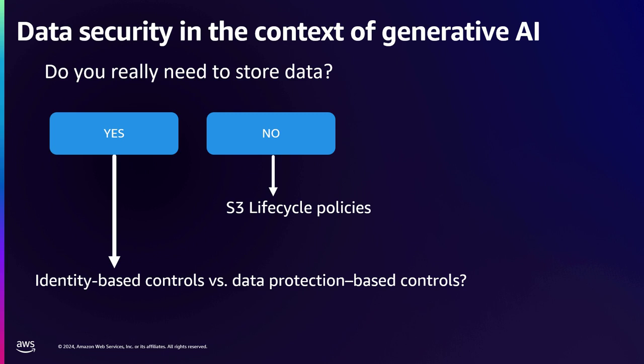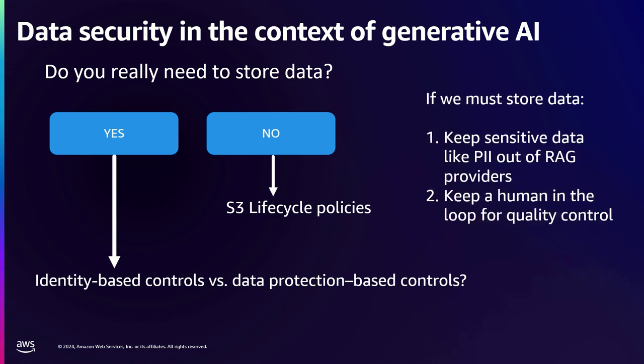However, regardless of the controls you have in place, there are a set of best practices that you want to look into. And these are the best practices. If you must store data, it is very, very important that you keep PII data out of your RAG provider. If you remember my initial architecture, the RAG provider is S3.